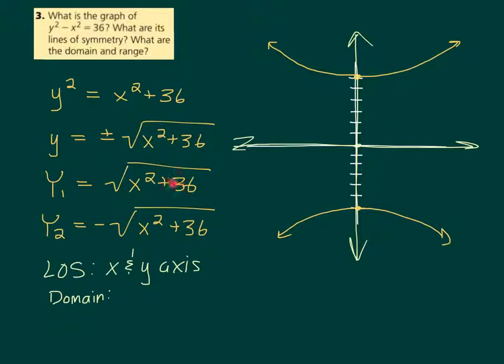And you're always going to add 36. So you could plug in all real numbers here. What about my range? It's not anything. So the range, y has to be less than or equal to -6, or y has to be greater than or equal to 6.